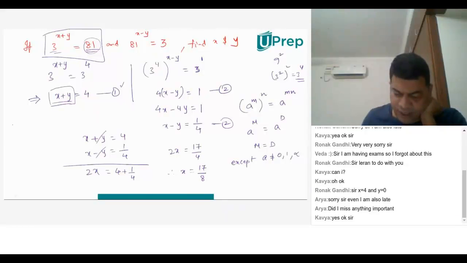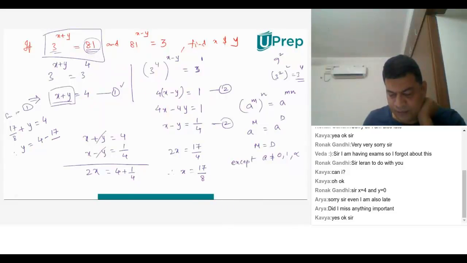I'm just substituting in equation 1. 17 by 8 plus y should be equal to 4. Therefore, your y is equal to 4 minus 17 by 8, because 17 by 8 goes to the right hand side. If you simplify that, y should be equal to 8 4s are 32, 32 minus 17 will be 15. Therefore, it is 15 by 8.